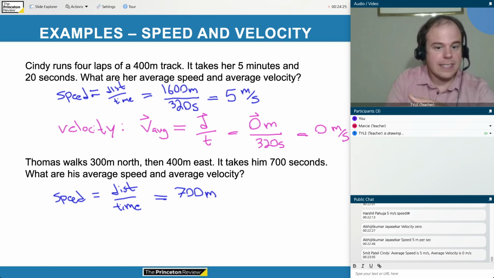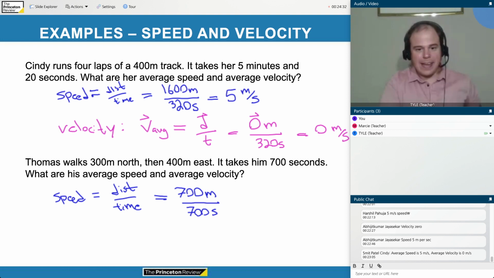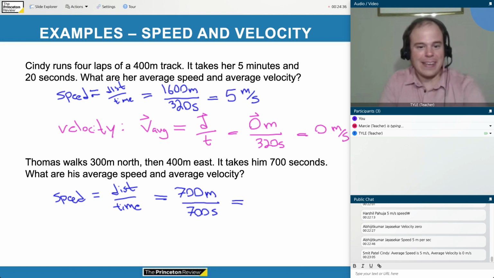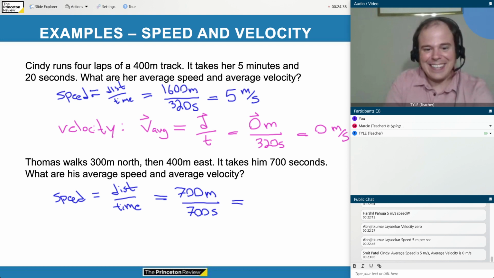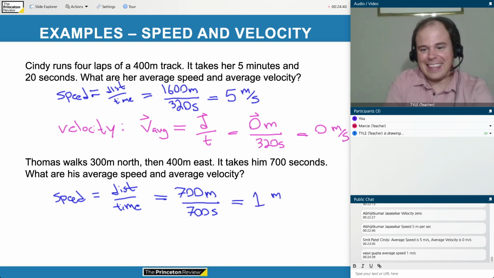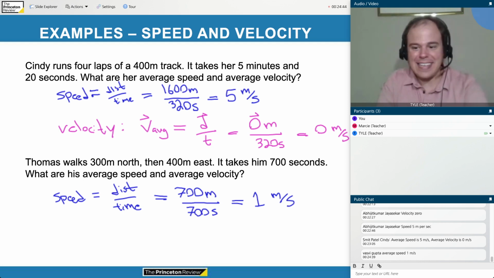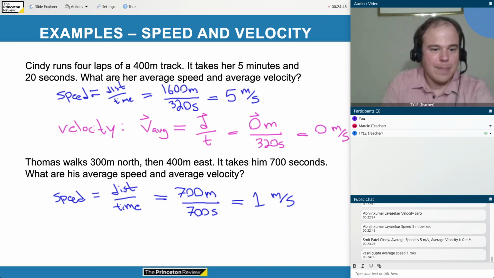So he covered 700 meters total, and I decided to say that it took him 700 seconds to make the math nice and easy for myself. If you make up the problems, you can make them easy. So equals 1 meter per second. Very good. I see that coming in the chat as well. Bosby says that Thomas's average speed is 1 meter per second.